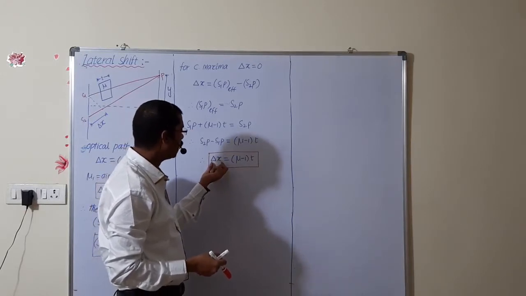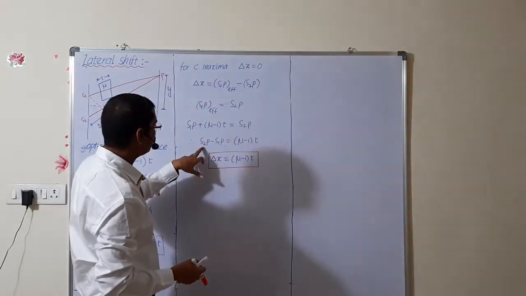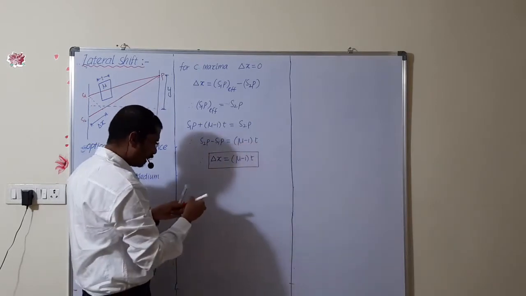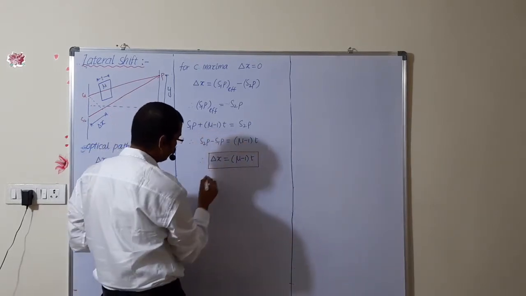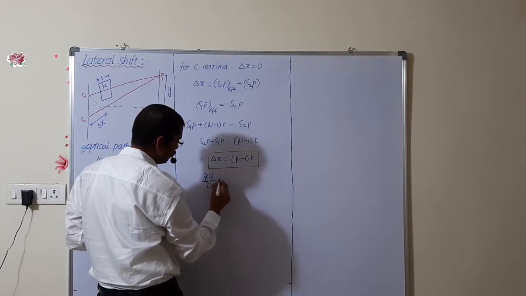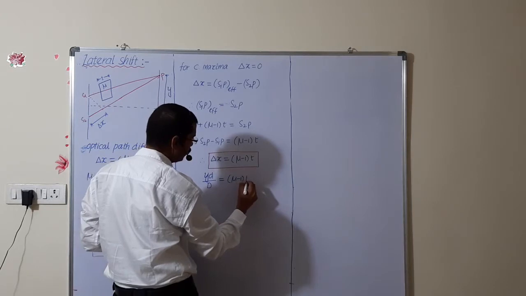But here we have to find the y value. According to Young's double slit experiment, without the fringe shift, the path difference delta X is equal to y small d upon capital D, which is equal to (mu minus 1) into T.